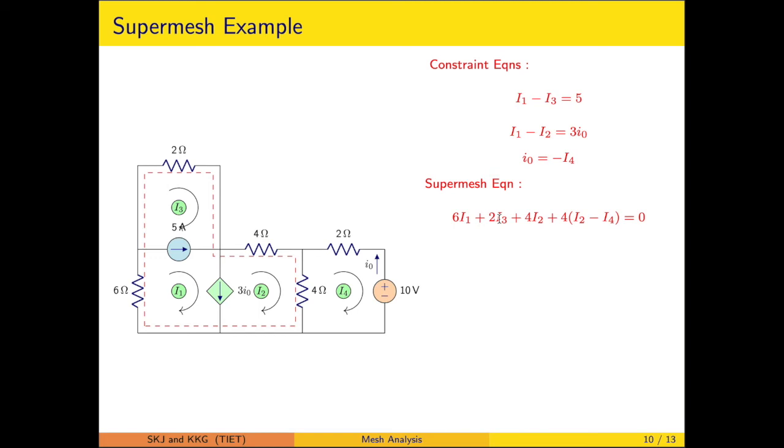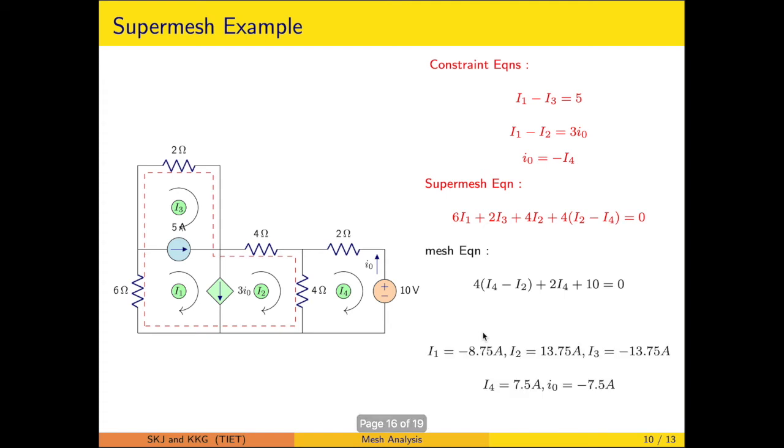And lastly, the mesh equation is written: 4 of (I4 minus I2) plus 2 I4 plus 10 is equal to 0. We will be solving, and finally the results are obtained like this.